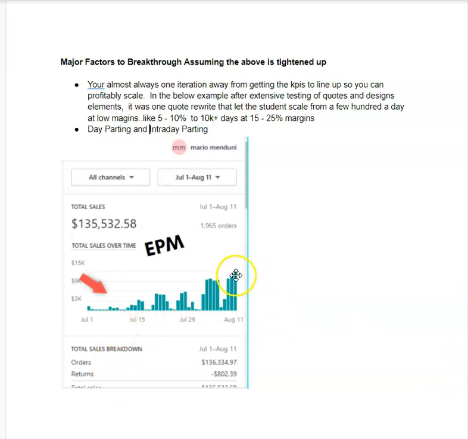I mean, during this whole run, which actually turned out to do probably 250,000 if I fast forwarded through August, the whole time we only had a few days where we lost money, right? And that's highly because of the day parting.